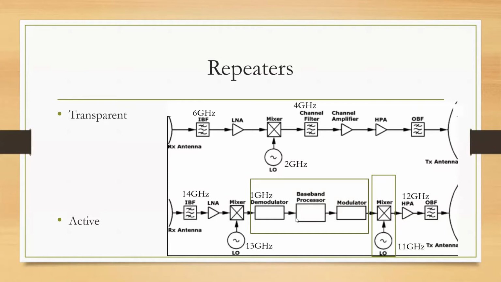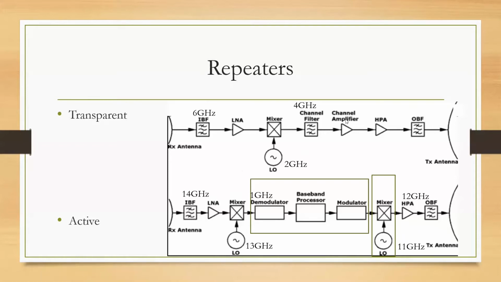So for this 14/12 gigahertz system, the first mixer converts it into 1 gigahertz, which we call an intermediate frequency.